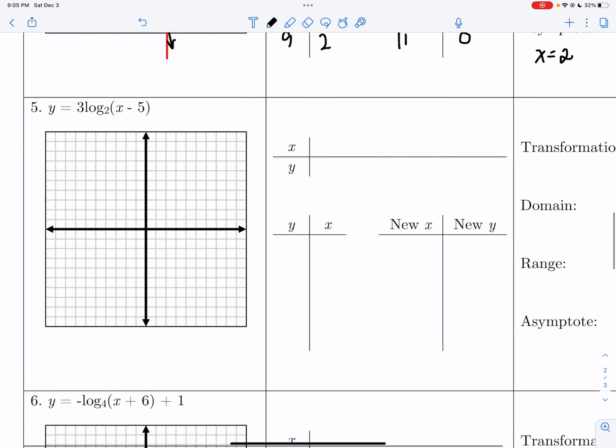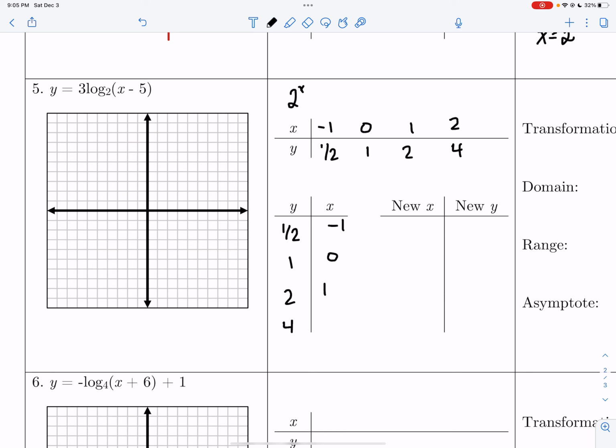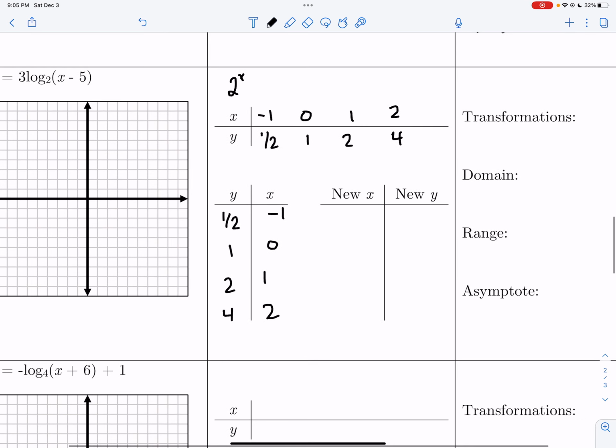Likewise, for number 5, you're going to do the same thing. Nothing special here. You have log base 2, so your reference points are going to be 2 to the x. Once you do that, flip x and y. And then you have a vertical stretch of 3, right 5.